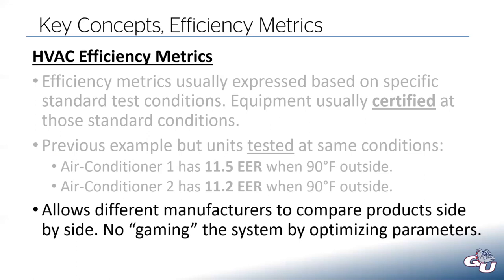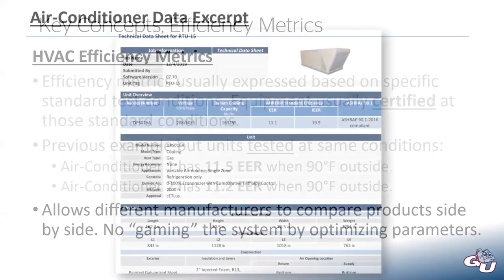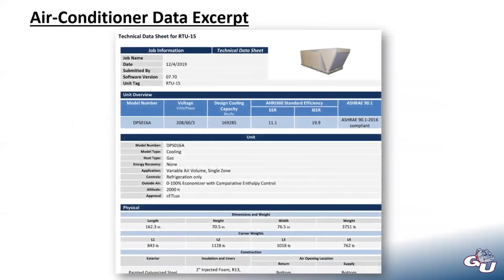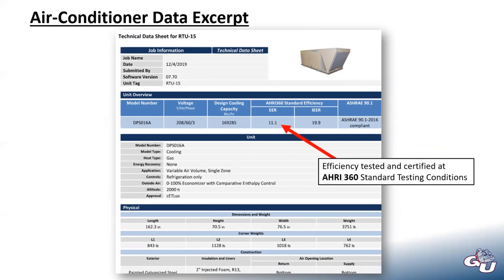The reason they do this is this allows different manufacturers to compare products side by side. So if you're looking at air conditioners from 2 different manufacturers, this ensures that you can actually compare them apples to apples, and you don't have one side trying to game the system by optimizing these test conditions to get a higher efficiency rating. And so as an example, here is an air conditioner that we used on one of our projects, and the important info here is that 11.1 EER.